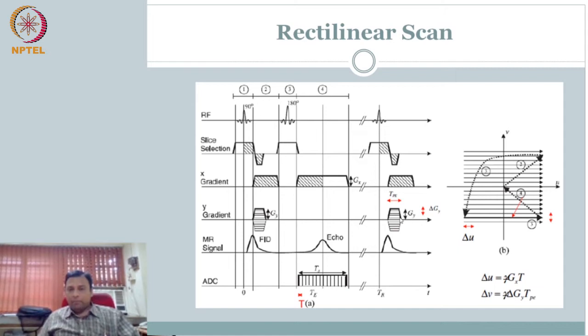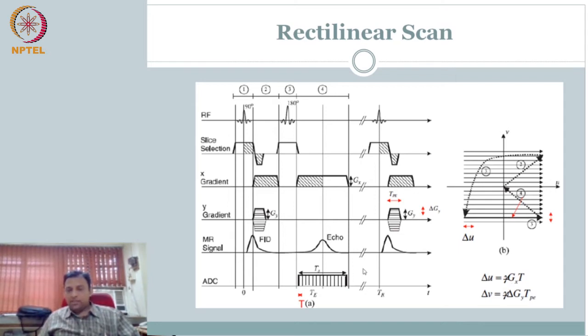Likewise, when you are repeating the experiment, you are moving the phase direction gradient, the delta GY, and you are applying the phase encoder for TPE. So your delta U is gamma GX T. Remember, we were talking about the highest frequency as gamma GX TS.